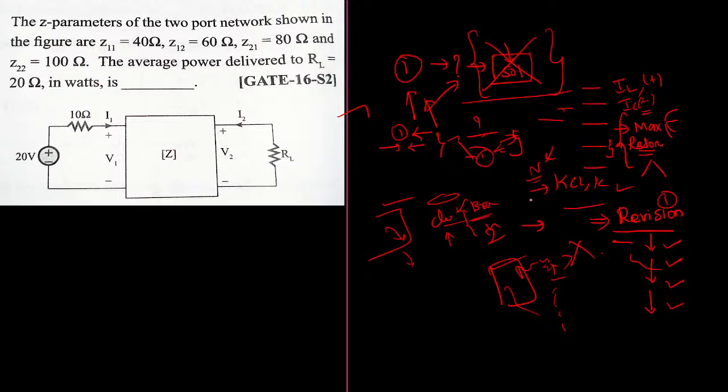When you are registering these concepts into your brain, sir, we have only 10 subjects. In my point of view, this is not at all 10 subjects. Semester-wise they have broken it this way, and people also follow in the same fashion. They say this is circuit theory, this is control system, this is analog electronics. Basically all these subjects are interrelated to each other. Power system, power electronics, all are a single subject.